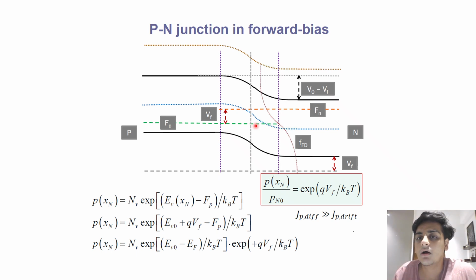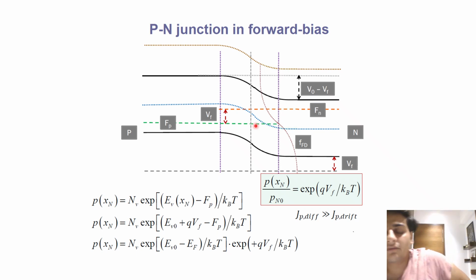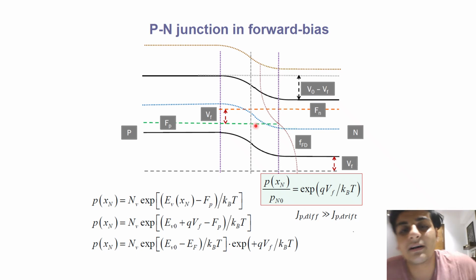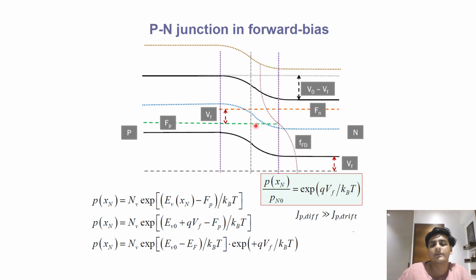Now you can notice that when we do this splitting, our issue gets resolved, because we can have these two different Fermi levels, and we can have V naught minus Vf as the energy gap between the P side and the N side. But at the extreme right and extreme left, it still looks like a normal N type material and a normal P type material. So this is our motivation for why we split the Fermi levels.